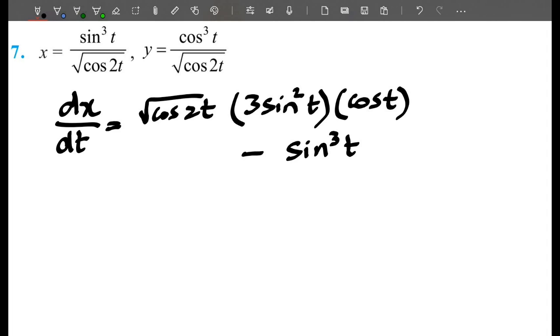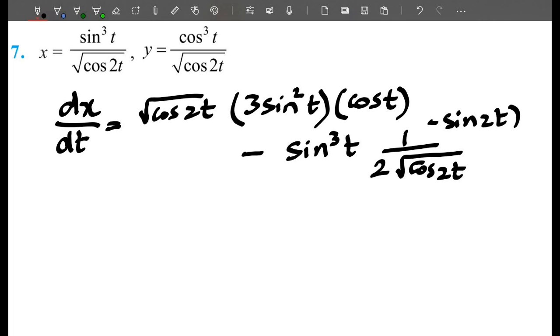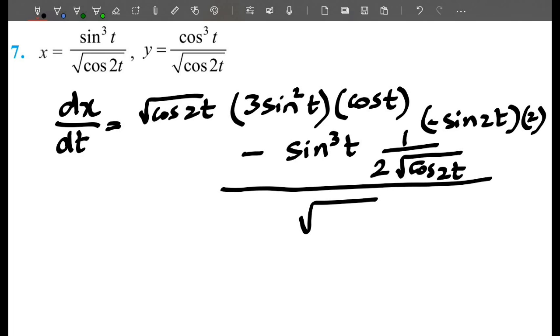Now we need to differentiate square root of cos 2t, which will give us 1 by 2 root cos 2t, and when you differentiate cos 2t, it will become minus sine 2t, and when you differentiate 2t, it is giving us 2. So the whole divided by root of cos 2t and a whole square, because the denominator square will be there.